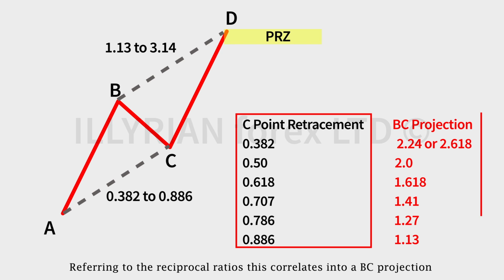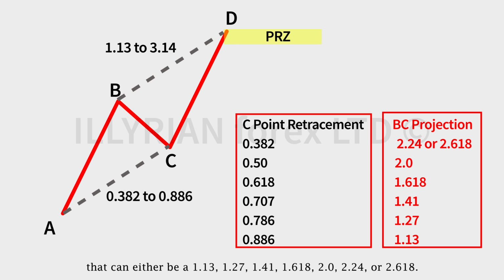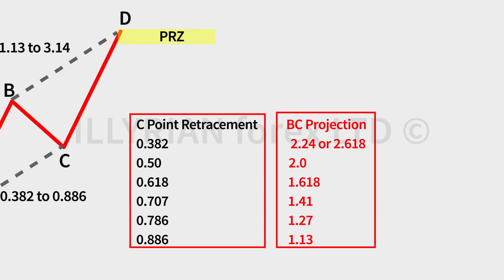Referring to the reciprocal ratios, this correlates into a BC projection that can either be a 1.13, 1.27, 1.41, 1.618, 2.0, 2.24, or 2.618. In some rare cases, a 3.14 projection can be utilized.